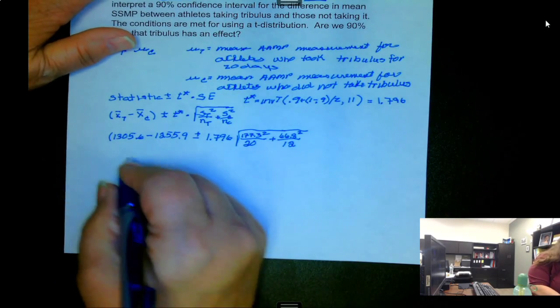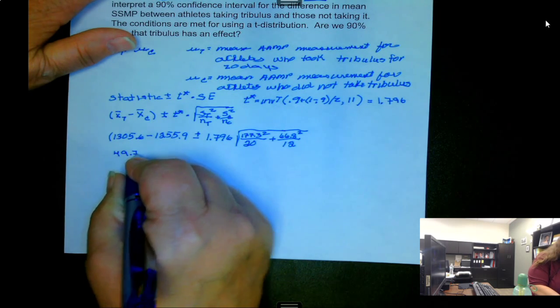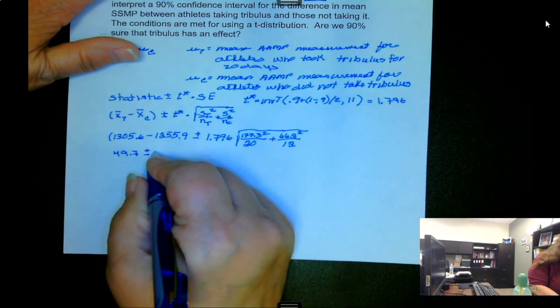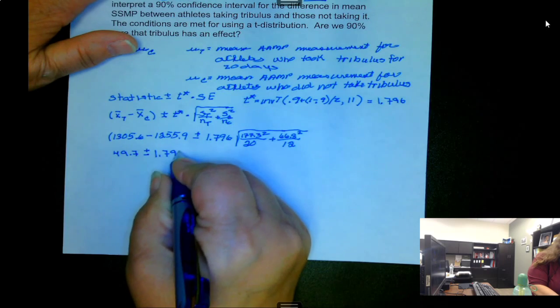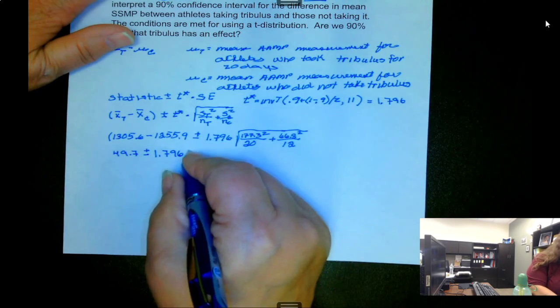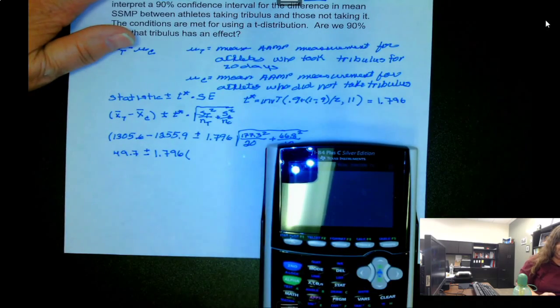So this gives us 49.7 plus or minus 1.796 times, if we work this out, let's do that.